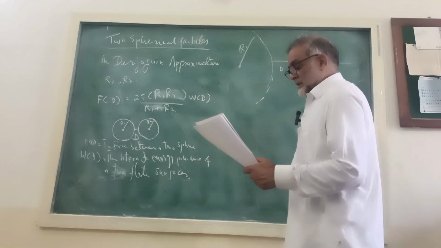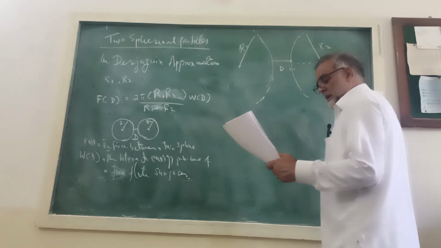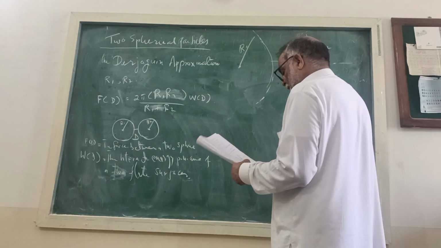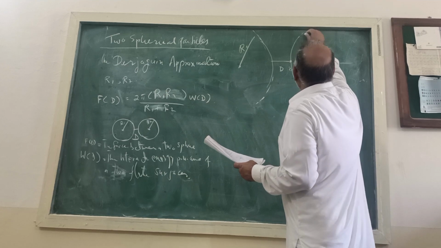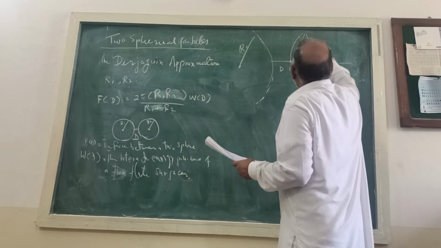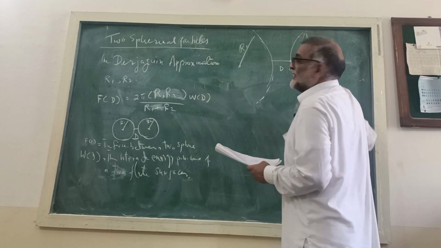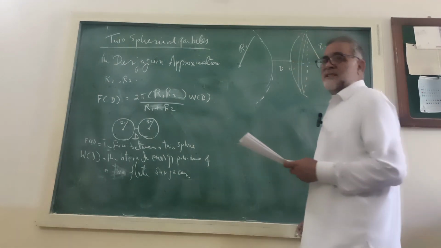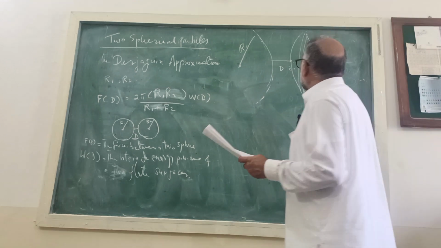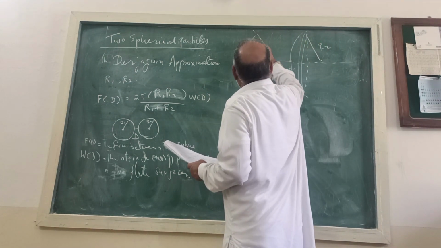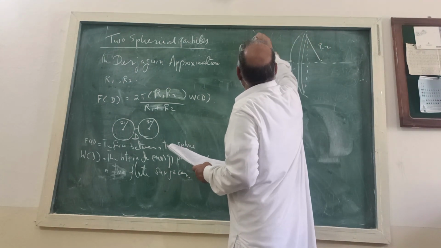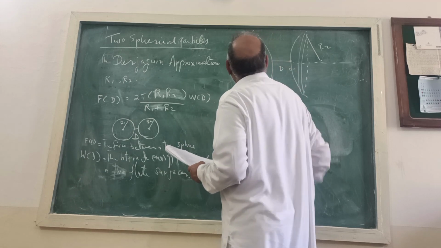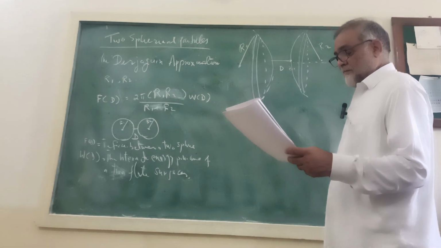So we consider a small ring here, and a small ring on this side.